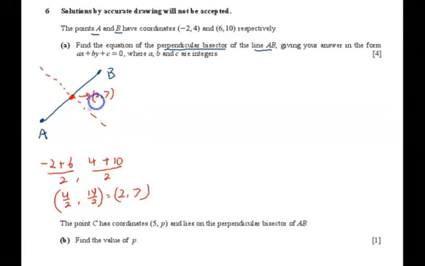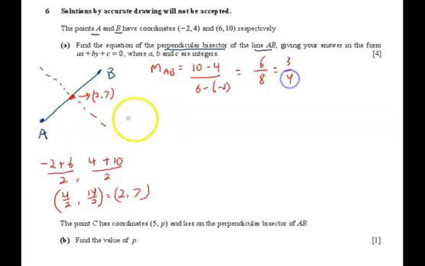Now we have to find the gradient of this line AB. We select the y first, 10 minus 4 divided by 6 minus negative 2. So we'll be getting 6 divided by 8, and we can simplify this to 3 over 4. This is the gradient for AB.